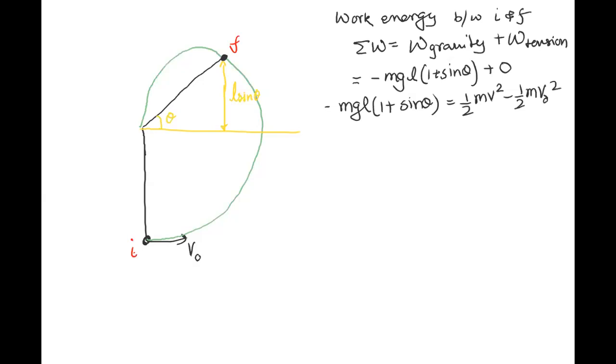Let this be v naught. अगर आपने पहले वाले को v लिया and I will get v square is equal to v naught square... मेरा नेट टेकिंग ये सब गायब हो जाता है 2gl(1 plus sin theta).